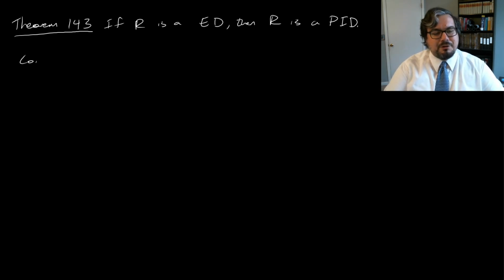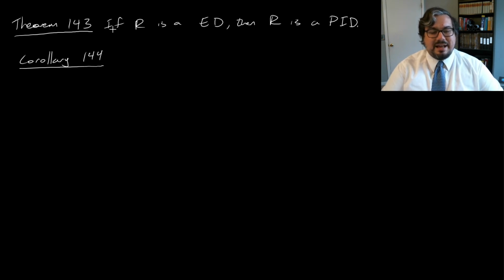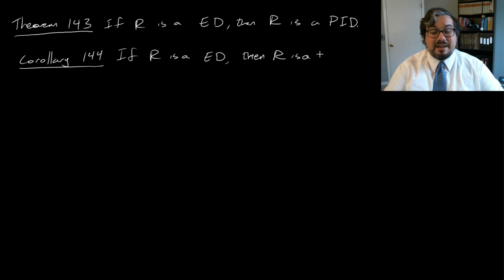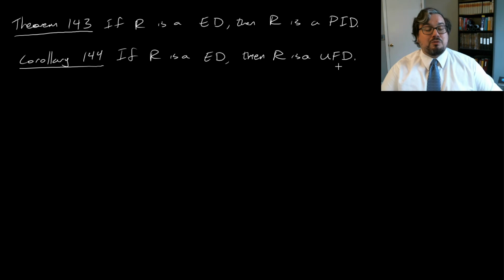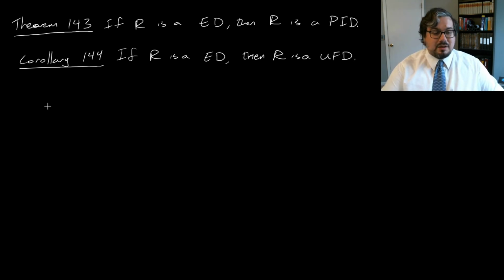Before getting to the proof, I want to mention Corollary 144, which says that if R is a Euclidean domain, then R is a unique factorization domain. And we know this because we know that all principal ideal domains are unique factorization domains.